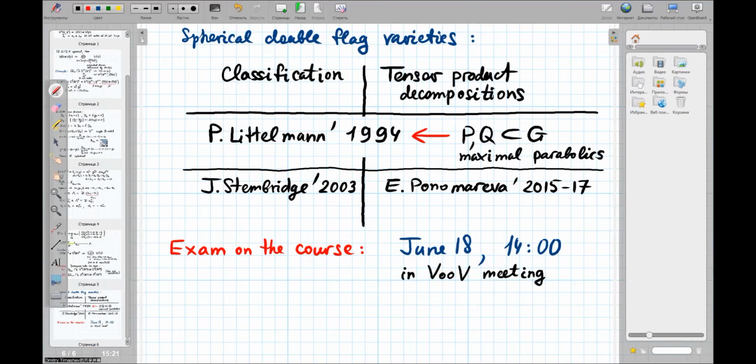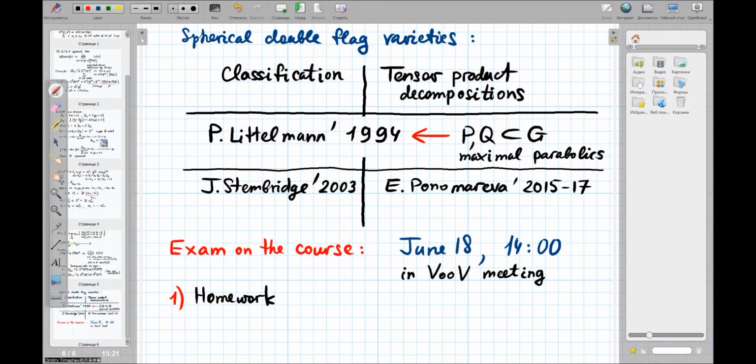And the procedure of the exam will be the following. So first of all, we can call it the first part of the exam. It will be your homework. In this meeting or another independent meeting?